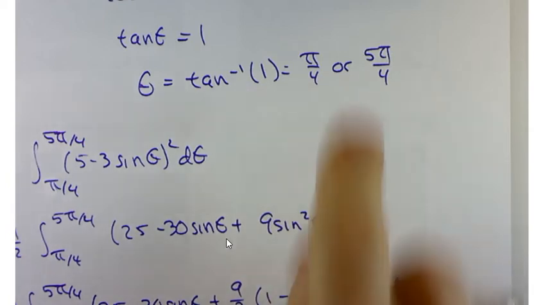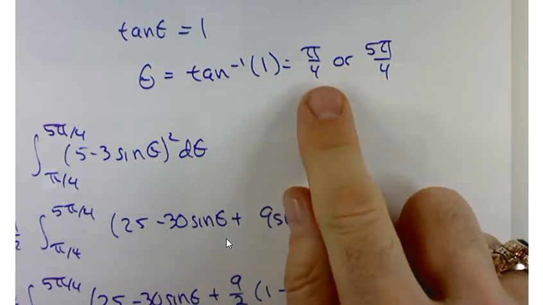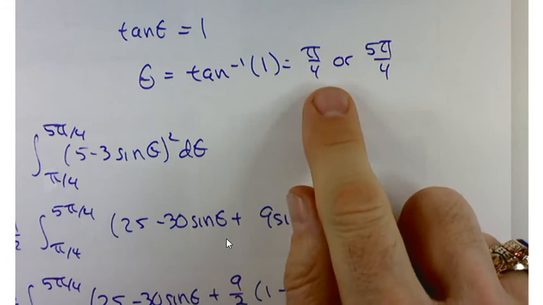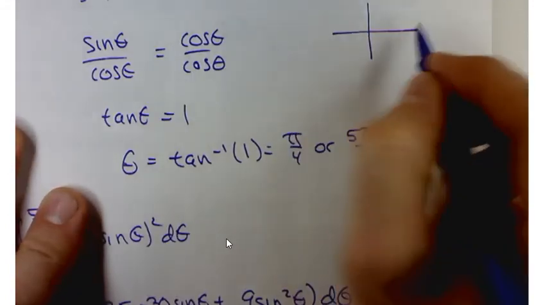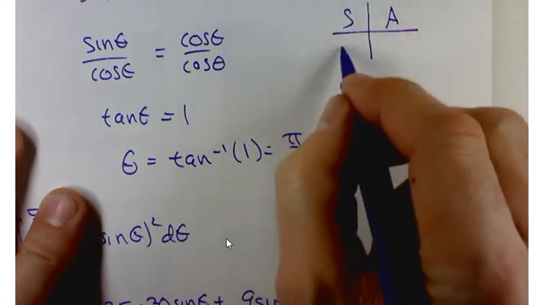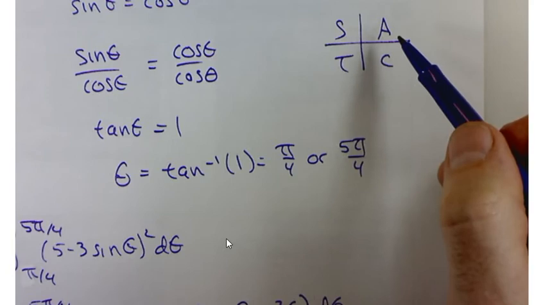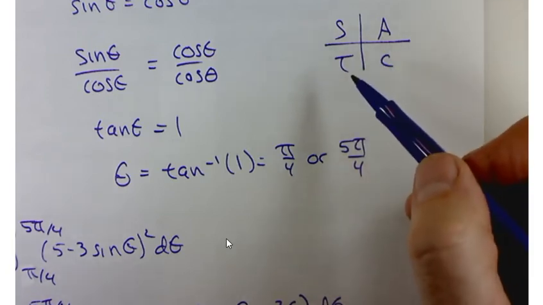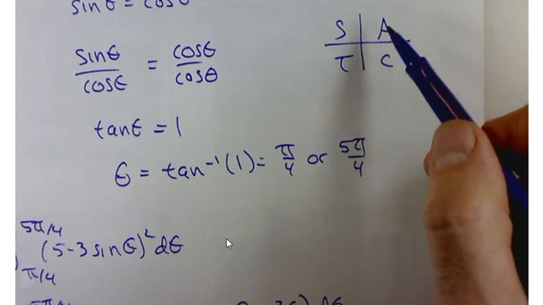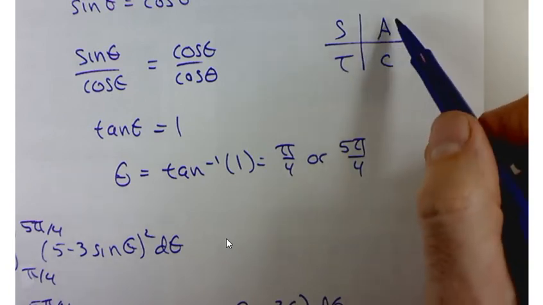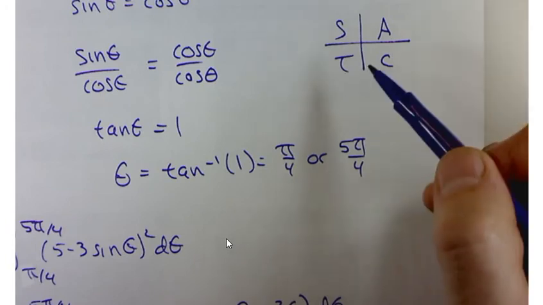But one of them's going to be in the 3rd quadrant, and one of them's going to be in the 1st quadrant. Because you might remember way back in your trig class, all students take calculus. So all of your trig functions are positive here. Tangent and its reciprocal are positive here. So that's where tangent is positive, at 45 degrees it'll be 1, and at 5 pi over 4 it's also going to be 1. Okay?